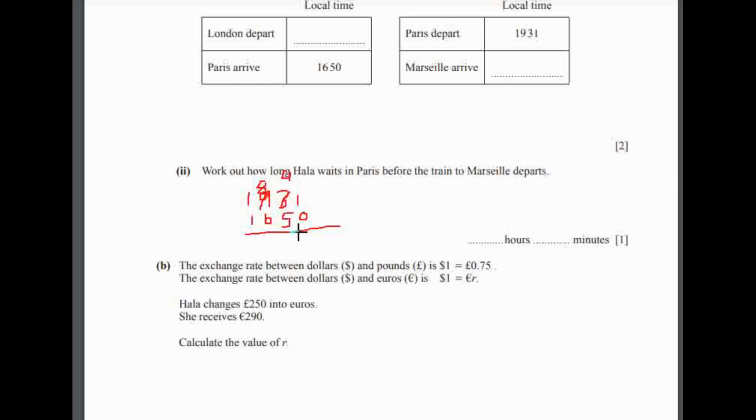So 91 minus 50 is 41, and 18 minus 16 is 2. So she has to wait for 2 hours and 41 minutes. That's it.